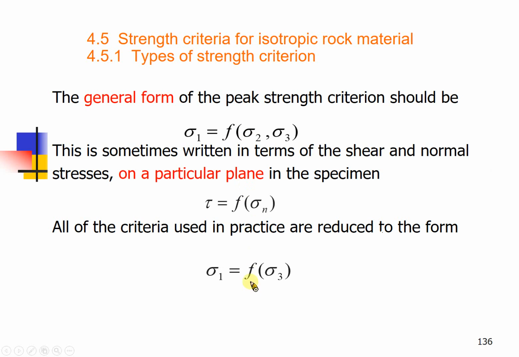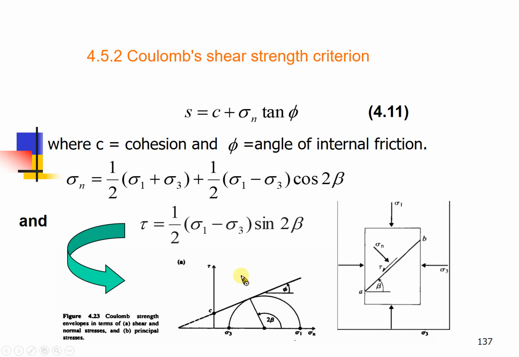So usually we can express the peak strength of rocks in terms of sigma 3. This will be the Mohr-Coulomb failure criterion. If we think this is equal to y and this is x, then you will have a linear equation. So this will be the slope and this will be the intercept.